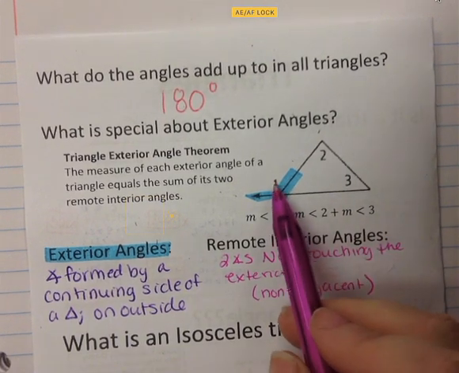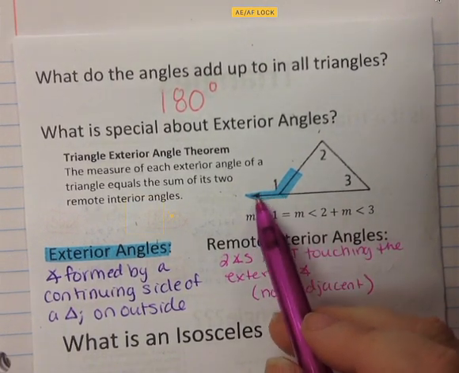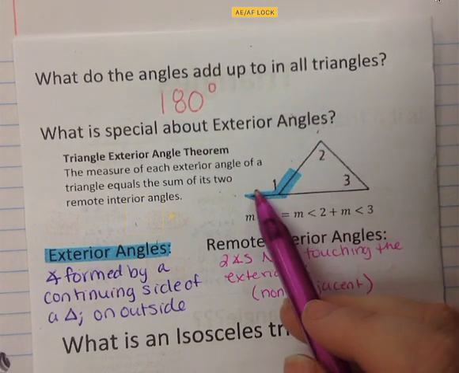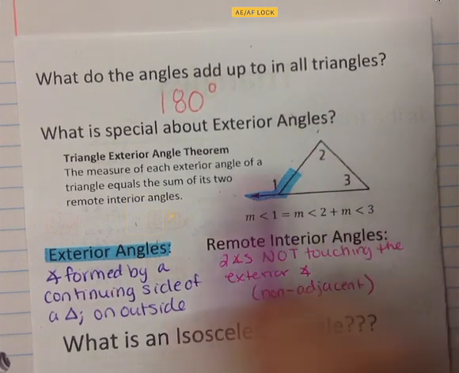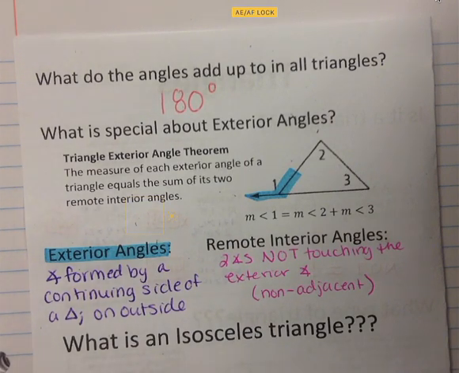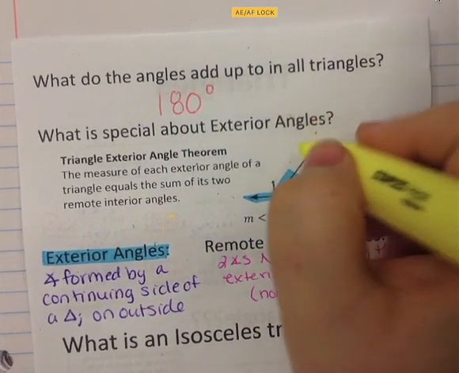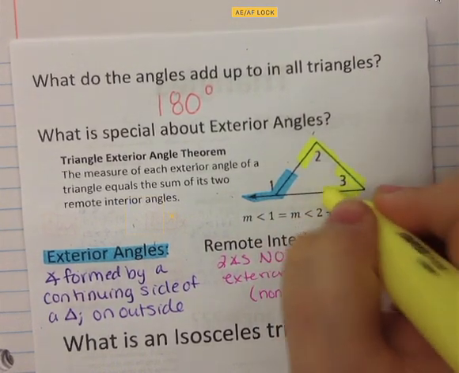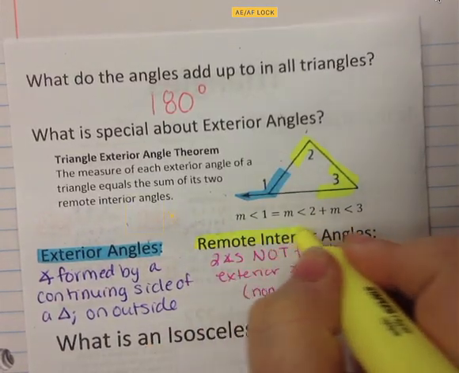So if angle 1 is our exterior angle, angle 2 is not touching this blue highlight, and angle 3 is not touching the blue highlight. So these two angles, if I were to outline them, would be our remote interior angles.